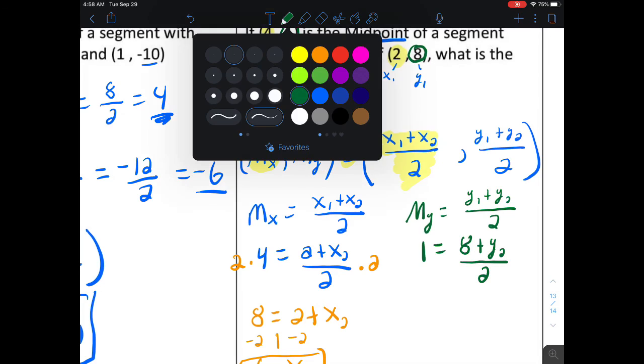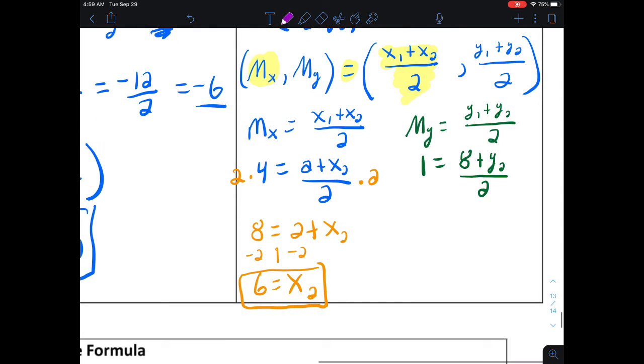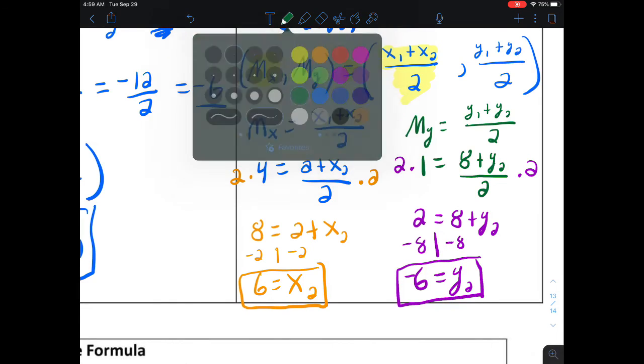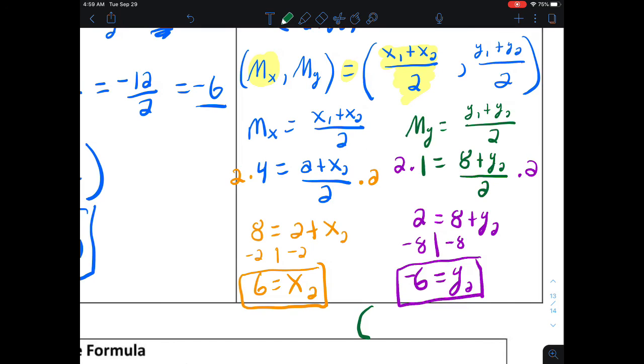And then we solve just like we did the other one. We multiply by the number that we're dividing by, so I'm going to multiply by 2. That gives me 2 equals 8 plus y2. Then we subtract 8. 2 minus 8 makes negative 6. And so there's the y value of that point. So the other endpoint is going to be 6 comma negative 6.